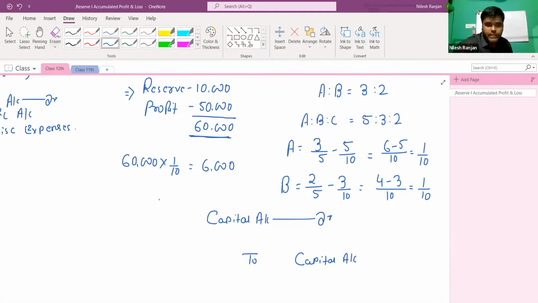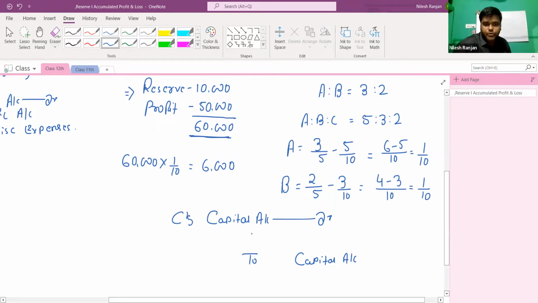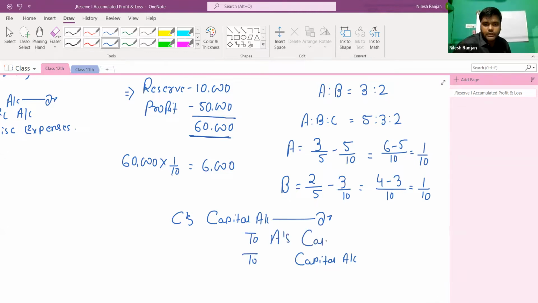Now the entry will be C capital account debit to A capital account and to B capital account. Actually, A and B are sacrificing, so they will get some benefit for their sacrifice.